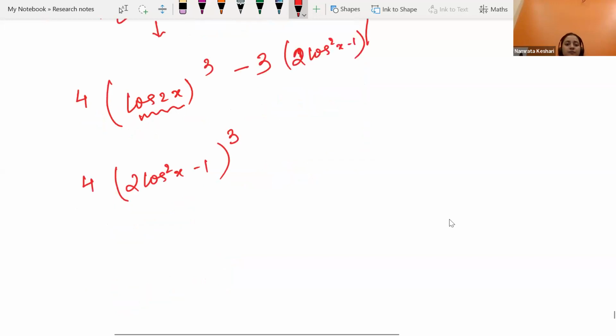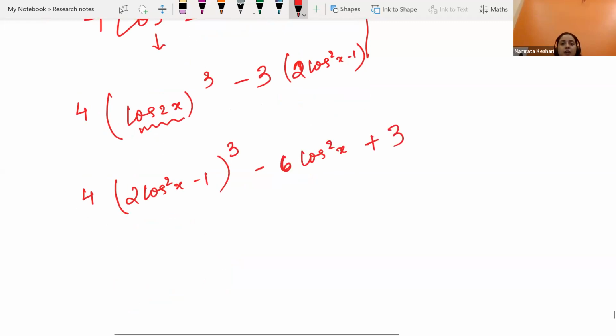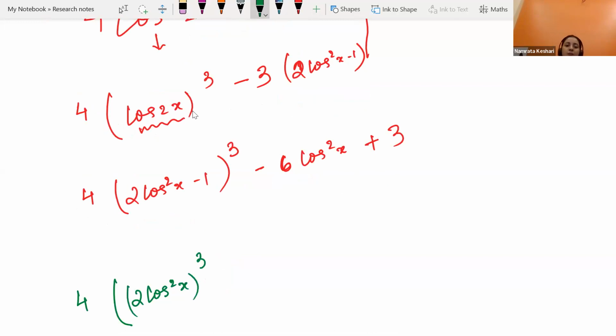Let's continue. 6 cos square x plus 3, right? Now this is (a minus b) whole cube. The formula is a cube minus 3 into a into b in bracket a minus b, minus b cube.